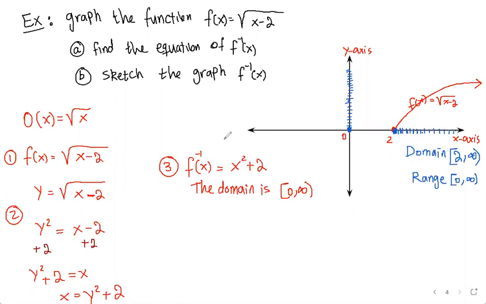I can't plug negative numbers inside this function. So now sketch the graph. I know the graph of x squared. The function here is x squared plus 2, which means shifted up 2 units. But the domain is from 0 to infinity, so you have to take the parabola from the right side only.